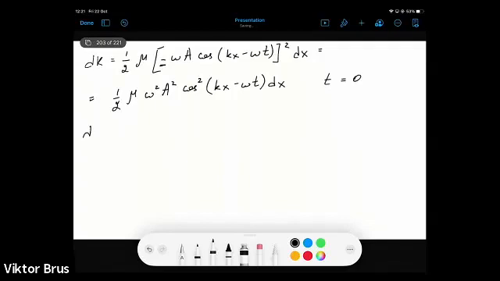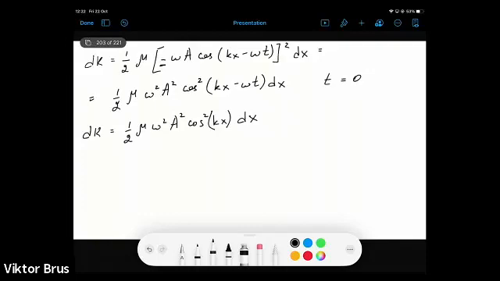In that case, kinetic energy can be written as 1/2 times mu times omega squared times A squared times cosine squared of kx, times dx. So we have an expression for the kinetic energy of a small element of the string as a function of its position x at a given moment of time t equals 0.